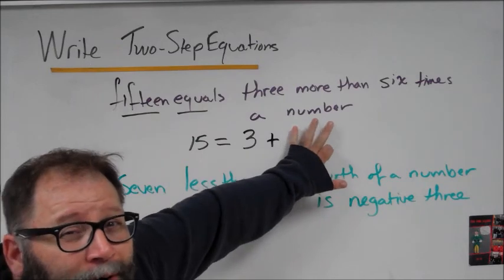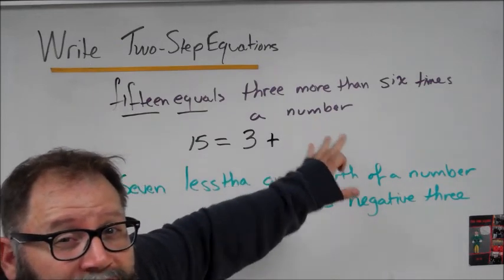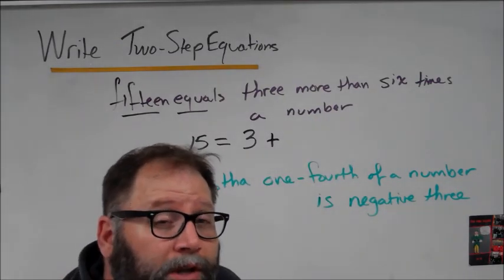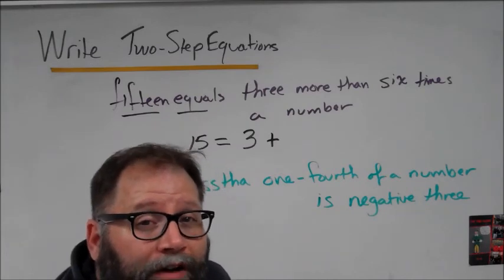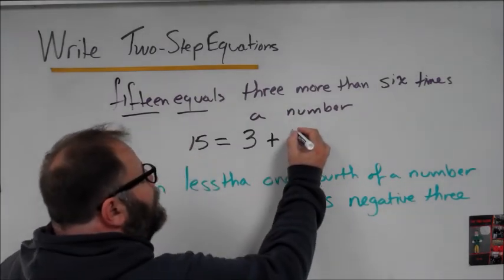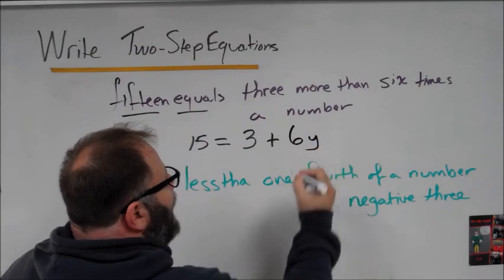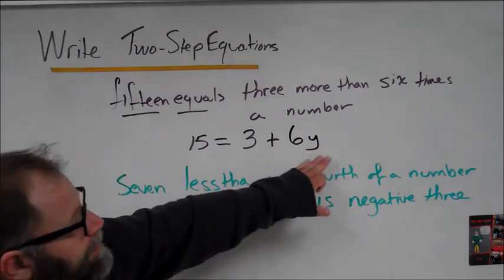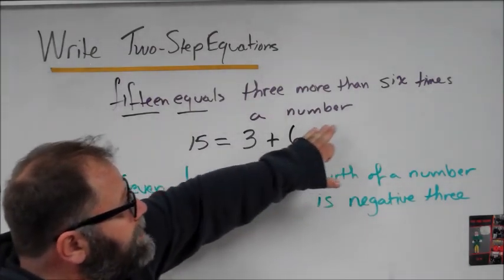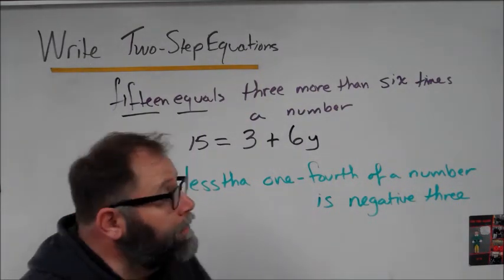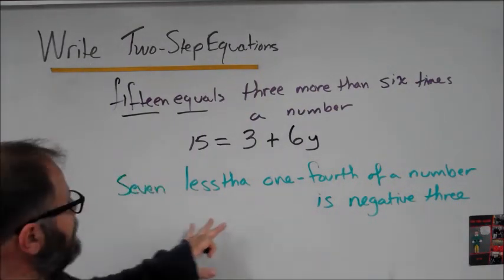Remember that a number bit? That a number is something we don't know. What do we use to represent an unknown value? A variable. So let's do 6 and y. 6 times y. 6 times a number. That's pretty simple.